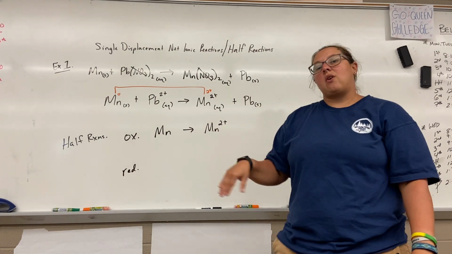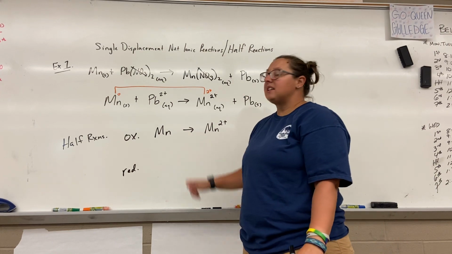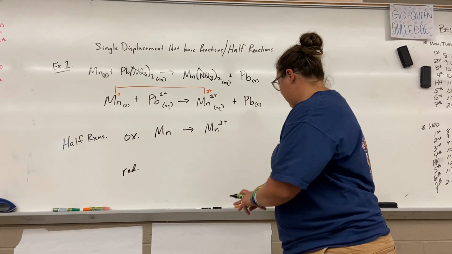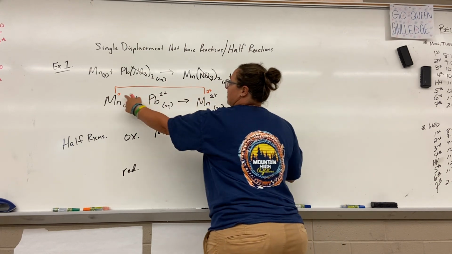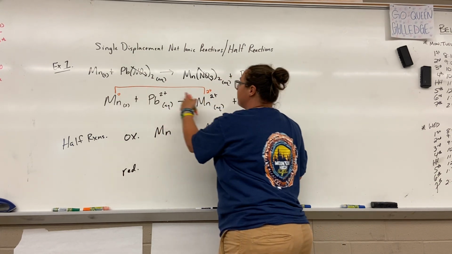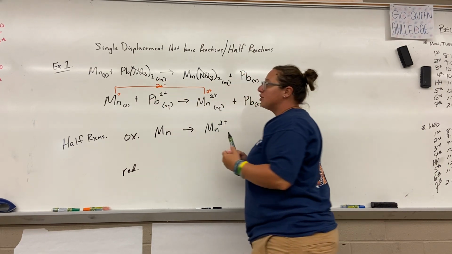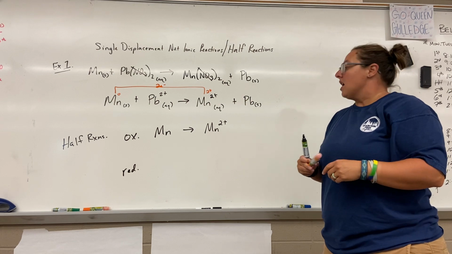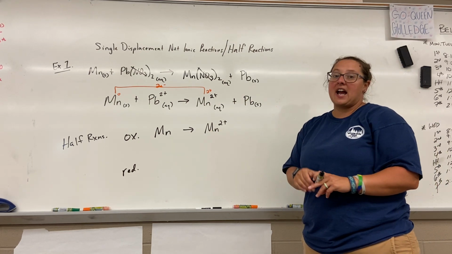Now, in our half reactions, we have to be able to put the electrons that are transferred there. So if we look at Mn to Mn2+, we see that our charge is changing from 0 to 2+. That means we have transferred 2 electrons there.